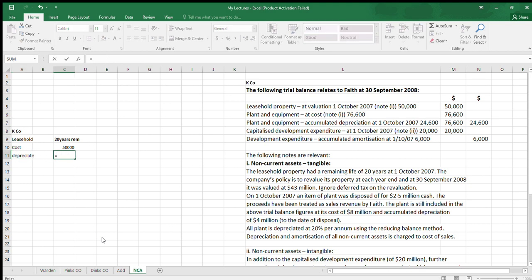The depreciation is equal to the $50,000 divided by the number of years remaining, which is 20 years. So the depreciation from 2007 to 2008 is 2,500. So now the carrying value is 50,000 minus the 2,500, which is equal to 47,500.